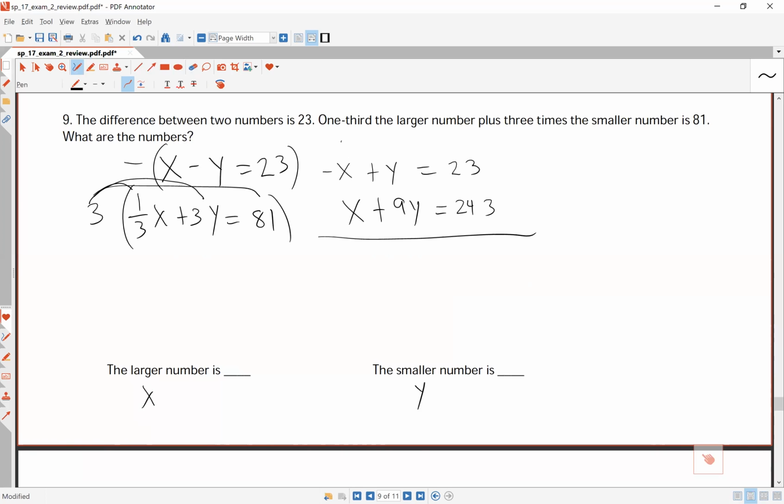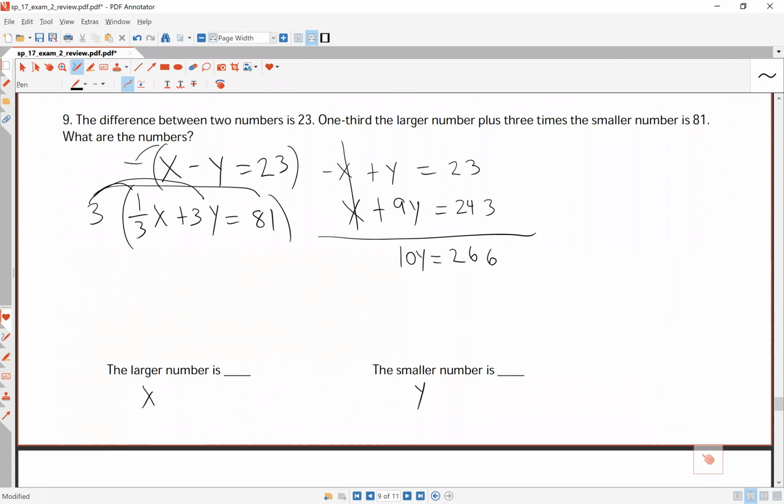This will eliminate the x terms, and y plus 9y is 10y, and 243 plus 23 is 266 divided by 10. That always makes me a little bit suspect. I don't feel like this is right.